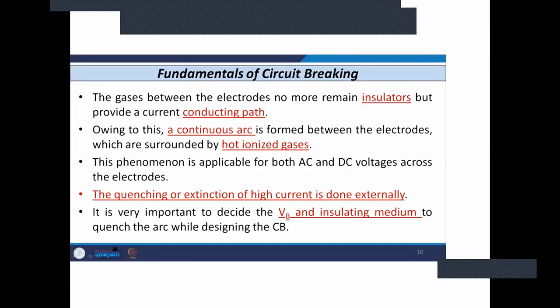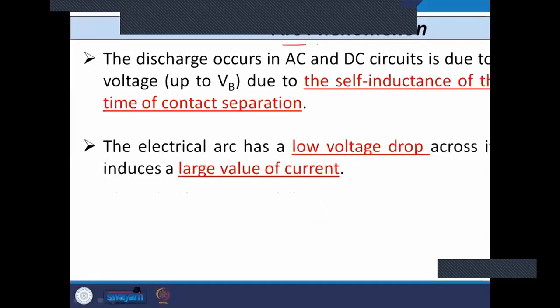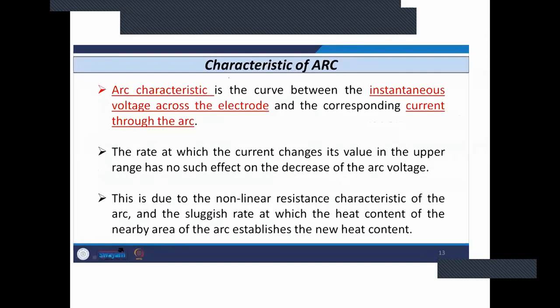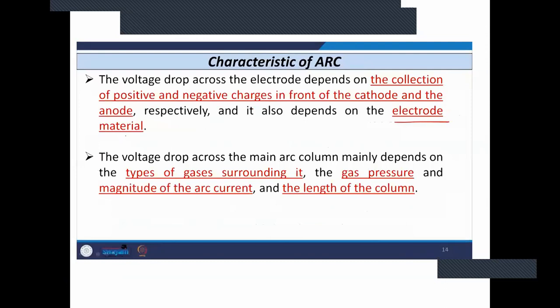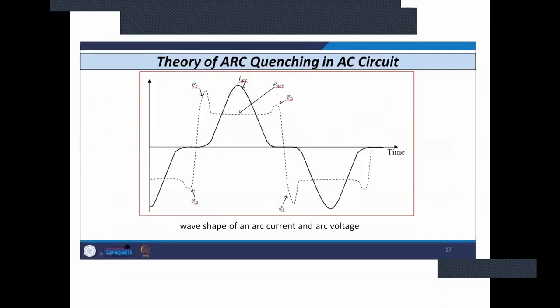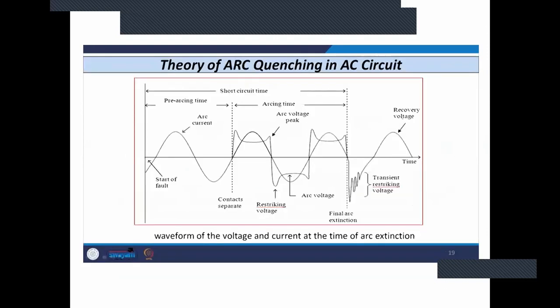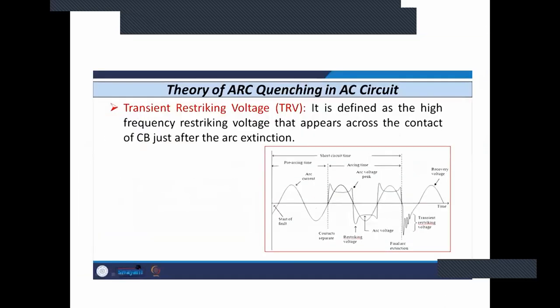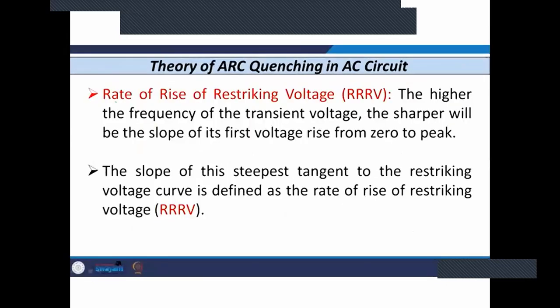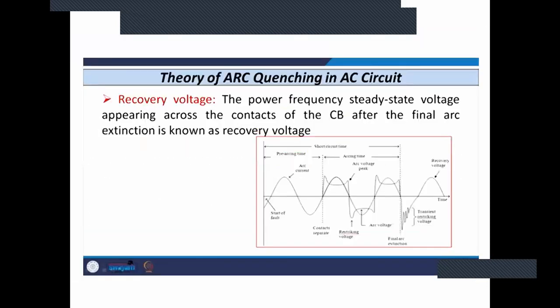So for this purpose, we have to quench these arcs, and we have also discussed some terminologies for arc quenching in circuit breakers. These terms are the restriking voltage, the arc voltage, the transient restriking voltage, the rate of rise of restriking voltage, and the final one was the recovery voltage.